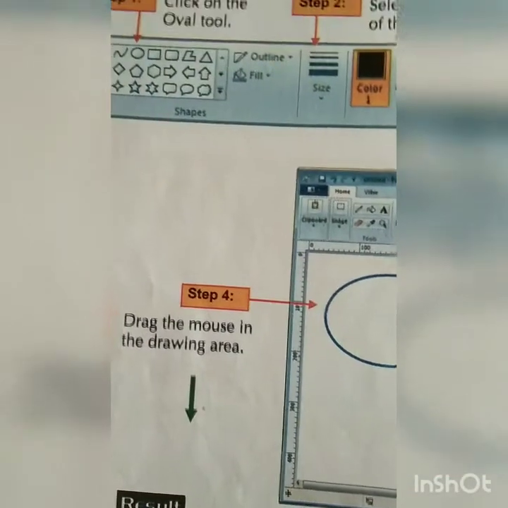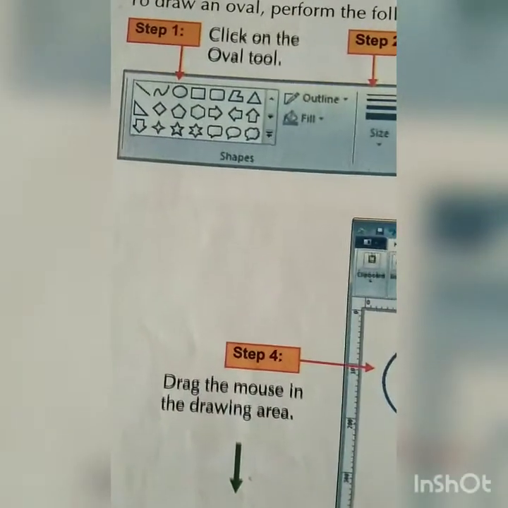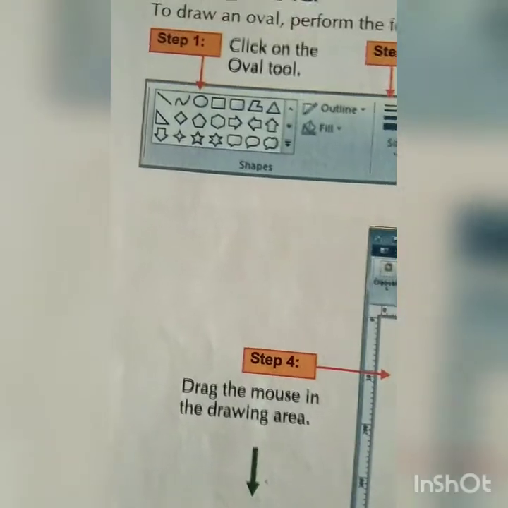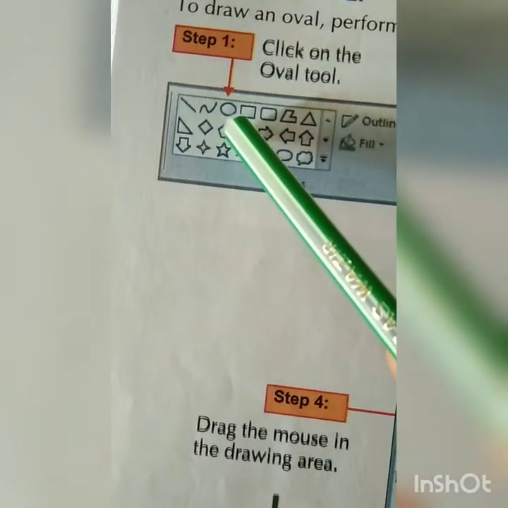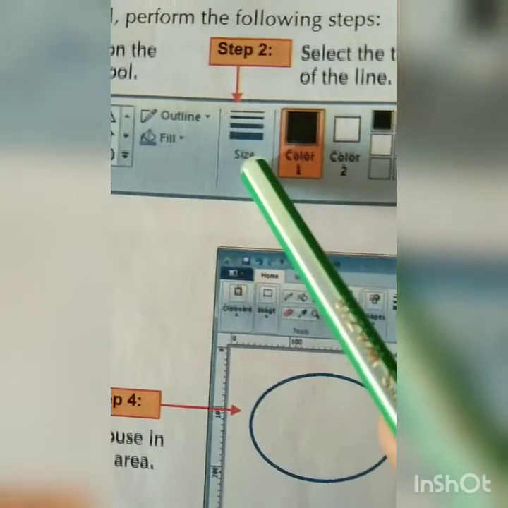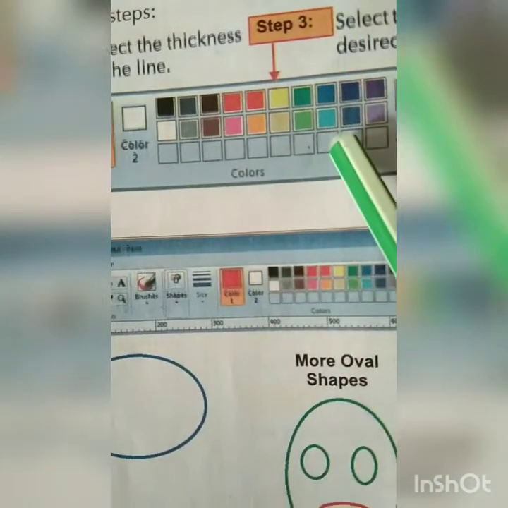Next page, drawing an oval shape. So how to draw an oval shape? Same process. Near the curve shape there is an oval shape. Select that, and select the thickness of the line and the color you want.